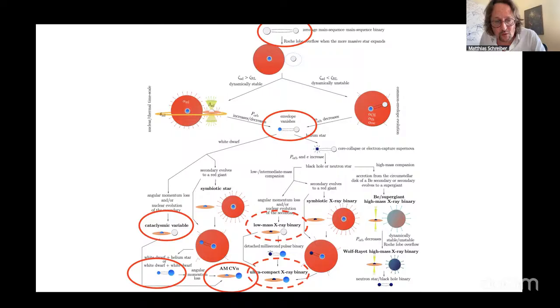We have shown it works for white dwarf binaries. It's not yet published, but it works for these AMCVn binaries, which is a white dwarf accreting from a helium white dwarf, so two white dwarfs, but one is transferring mass to the other. We can explain the formation of these objects with this new magnetic braking that we were forced to use because Karim showed also in binaries magnetic braking saturates.